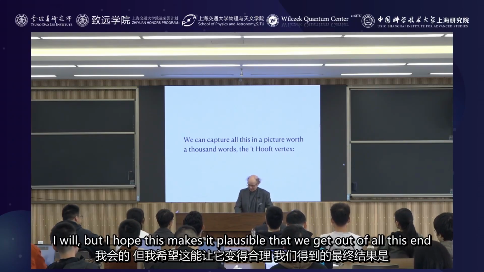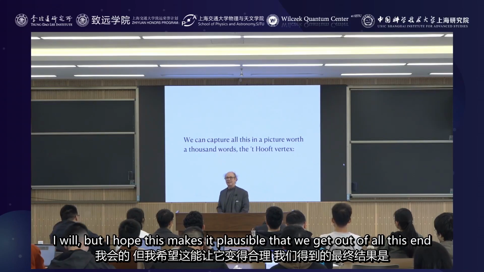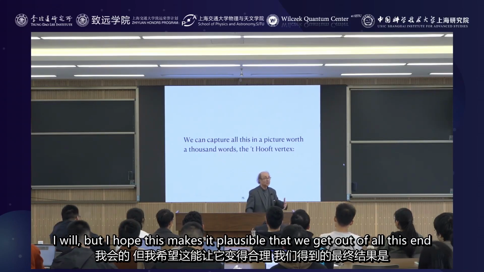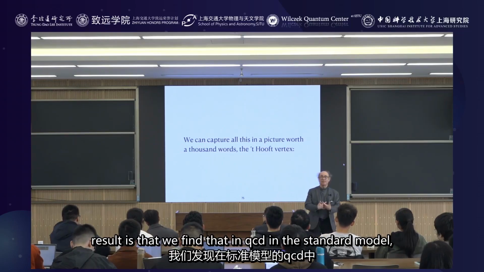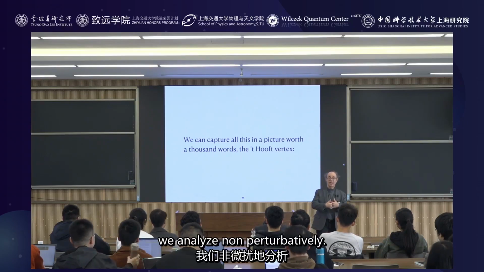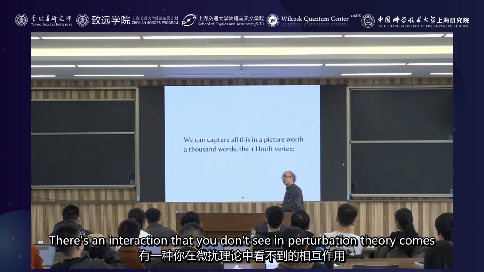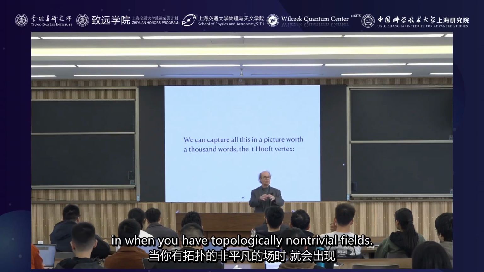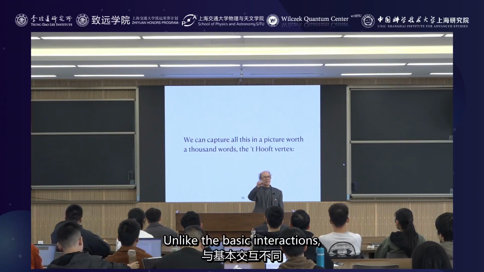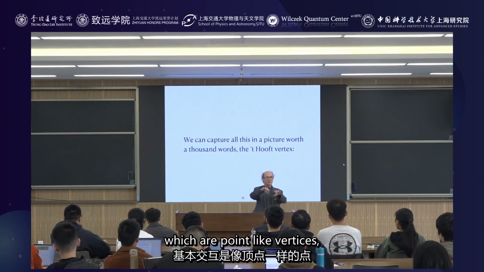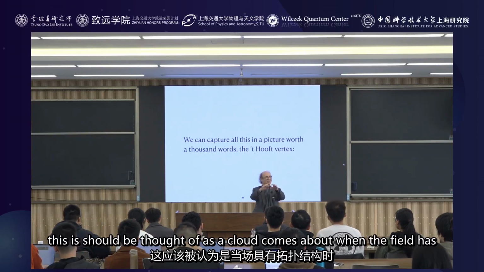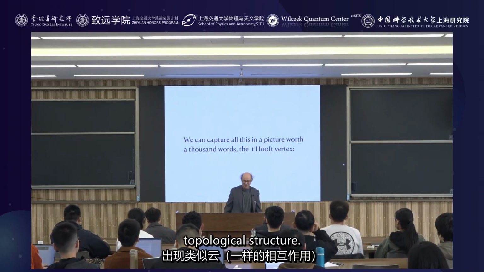But I hope that this makes it plausible that we get out of all this, the end result is that we find that in QCD, in the standard model, if we analyze non-perturbatively, there's an interaction that you don't see in perturbation theory that comes in when you have topologically non-trivial fields. So unlike the basic interactions, which are point-like vertices, it should be thought of as a cloud, which comes about when the field has topological structure.